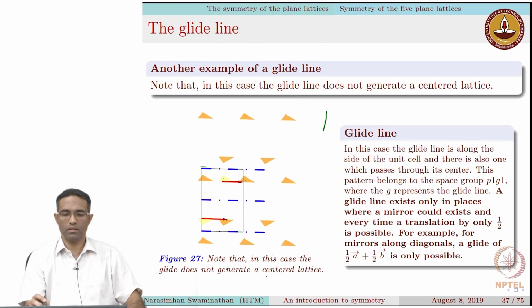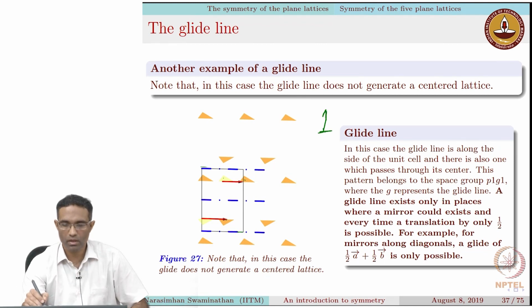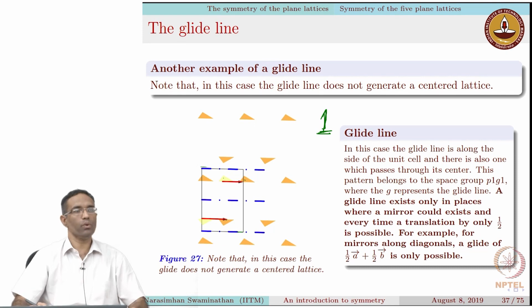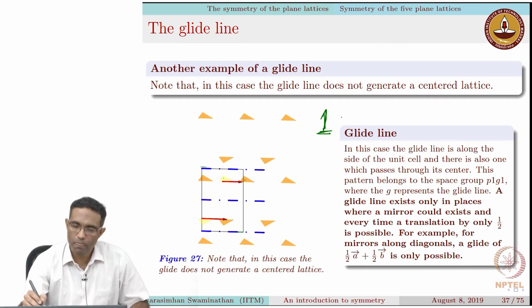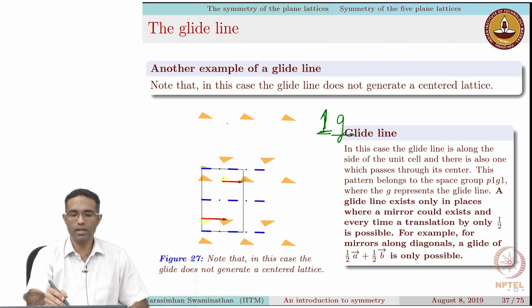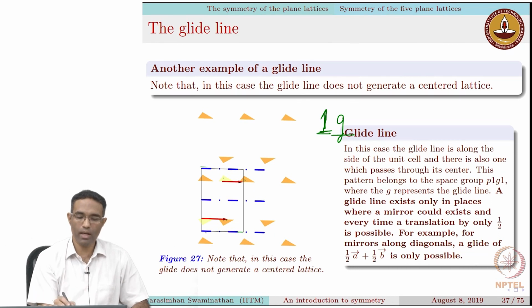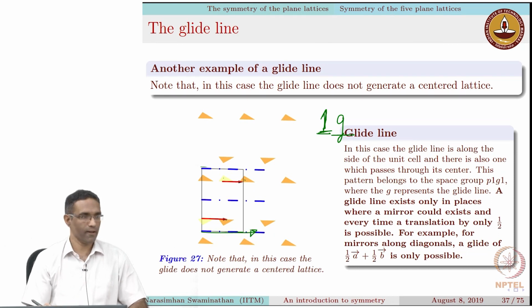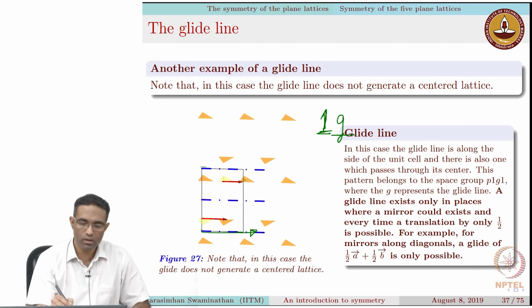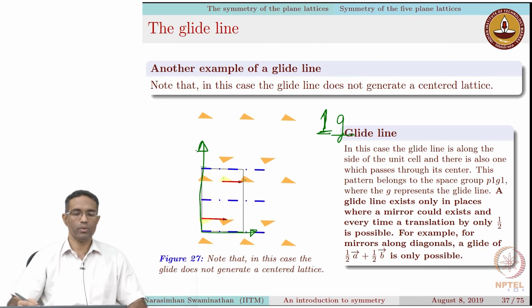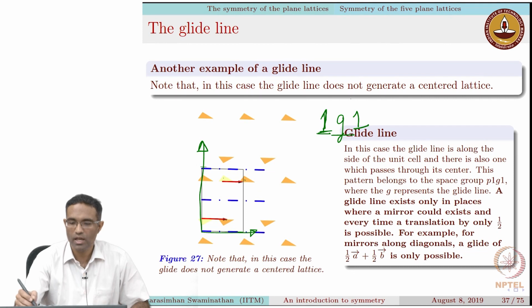See, a glide line is always present only in places where there is a mirror. So I will say that there is a glide line in a direction that is with normal as this axis, right, and then I look for glide lines with normal as this axis. Is that present? No. So 1.